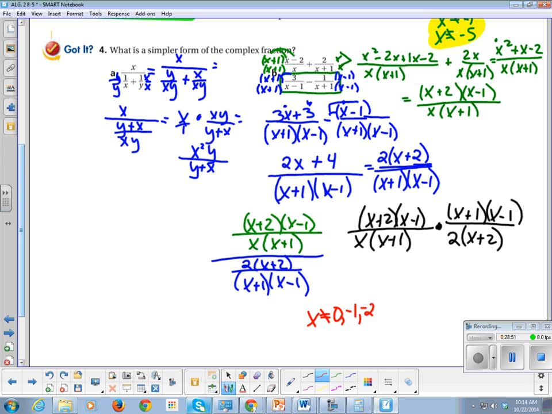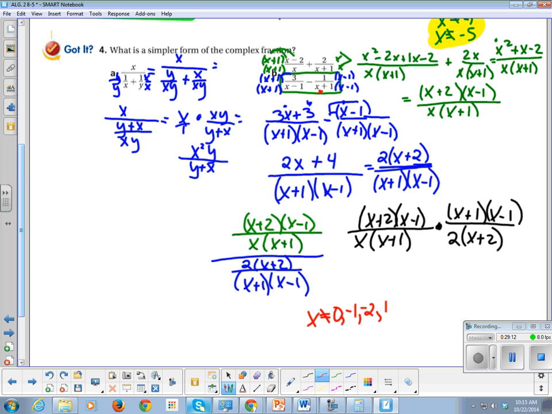I'm also going to say positive 1 because I did have a denominator here. Any denominator, you have to exclude those options. So 0, negative 1, negative 2, and positive 1.